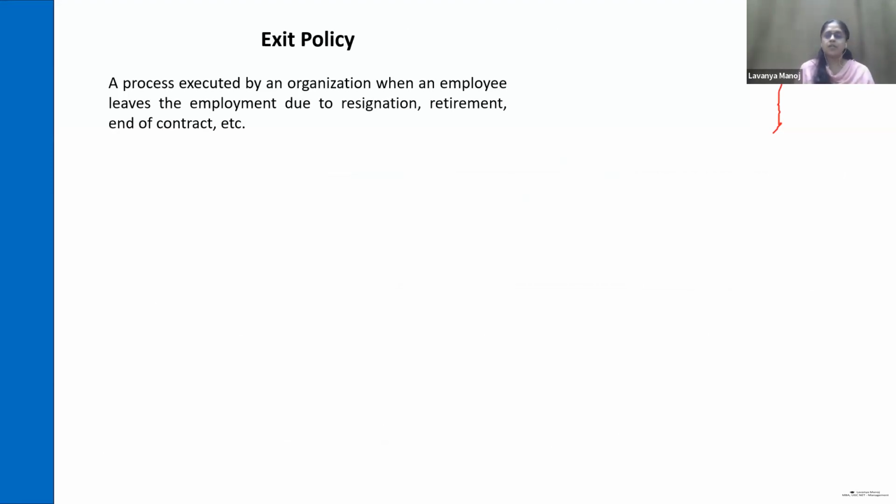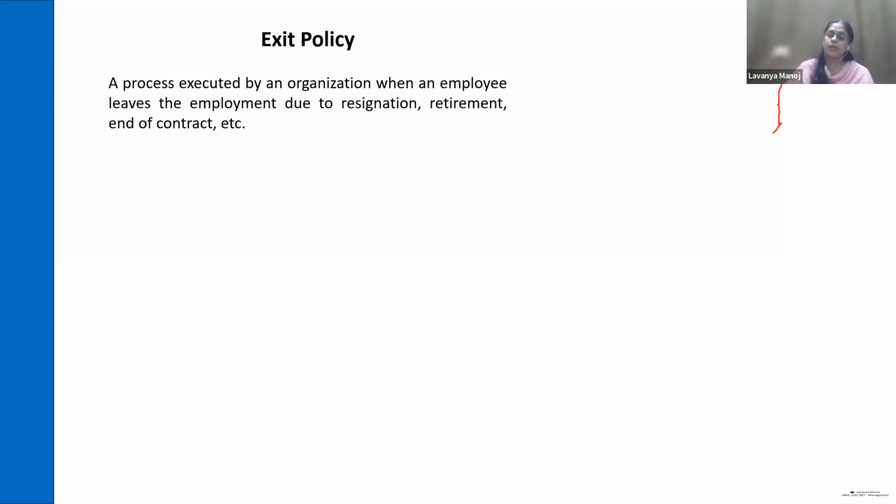The first thing would be handing over all the tools or whatever has been given to the employee for the working activity, a laptop or the access card in the case of middle managers or other staff members, bags, or anything which is provided by the organization.